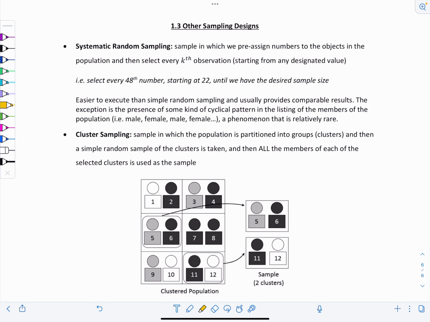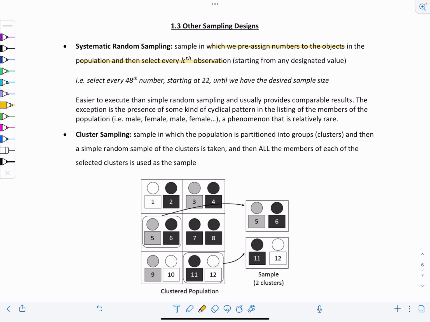In that sampling design, you would pre-assign numbers to the objects in the population and then select every kth observation. So say I were to assign each of my students in my statistics class a number 1 through 45, and I wanted a sample of a certain size.